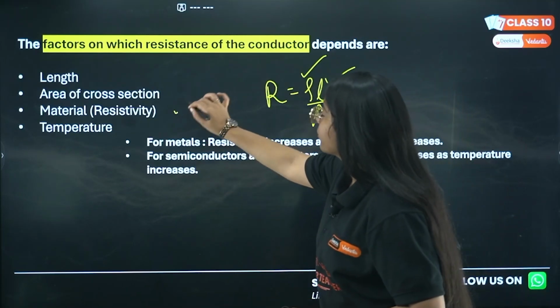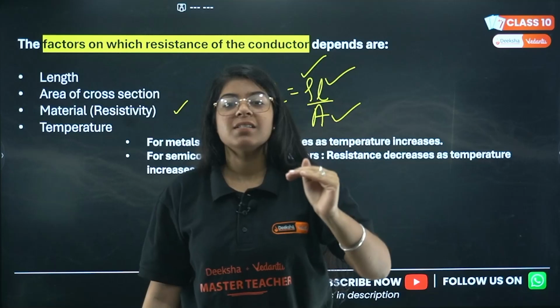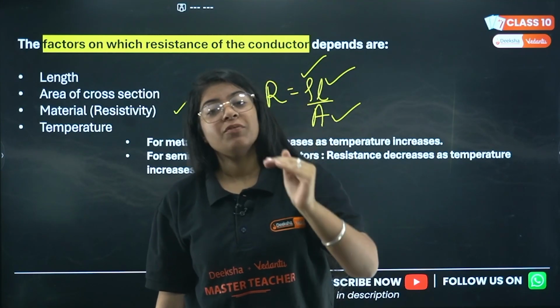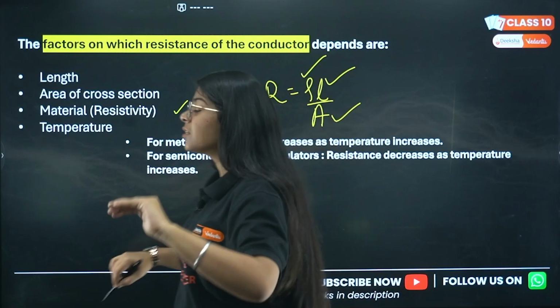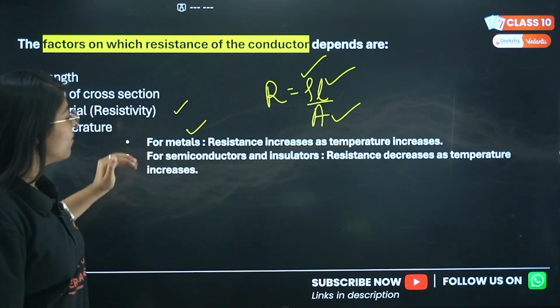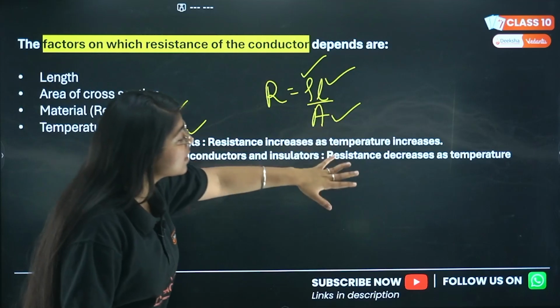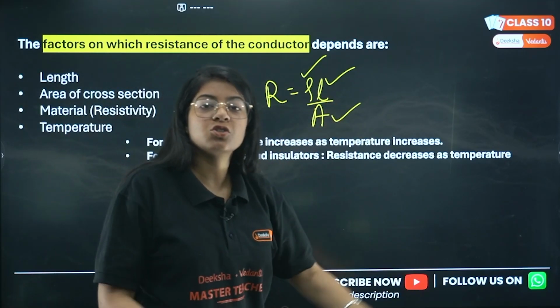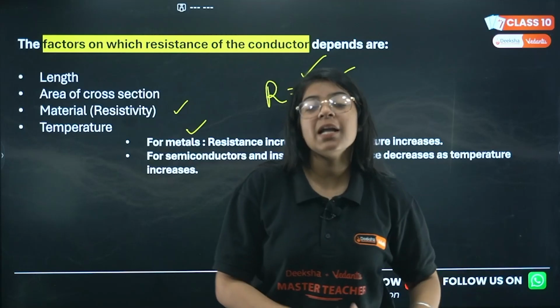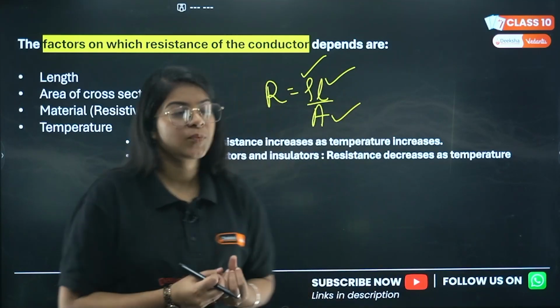And of course resistivity, then temperature. For metals, if you increase the temperature, resistivity also increases. For conductors, the resistivity increases when temperature increases. For semiconductors and insulators, the resistivity decreases. As you increase the temperature, the charges start to flow with more speed, and hence the resistivity decreases.